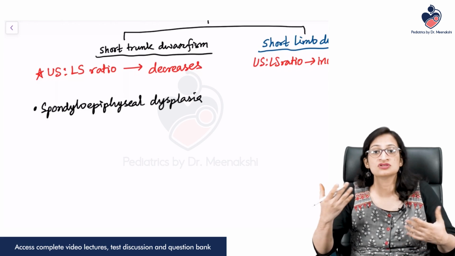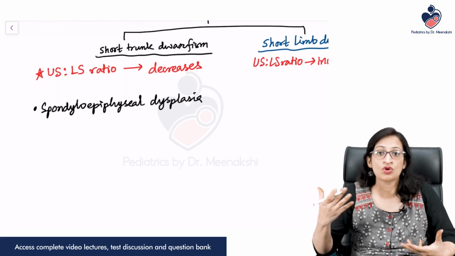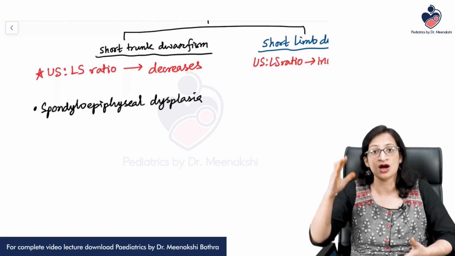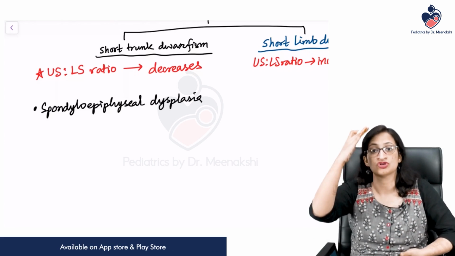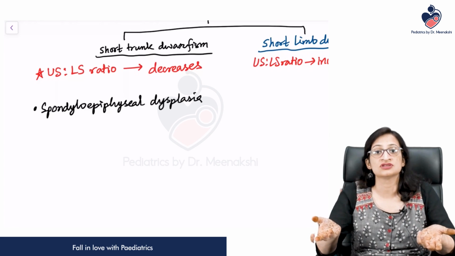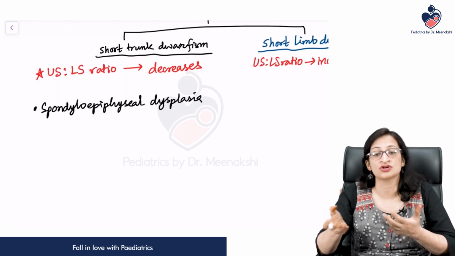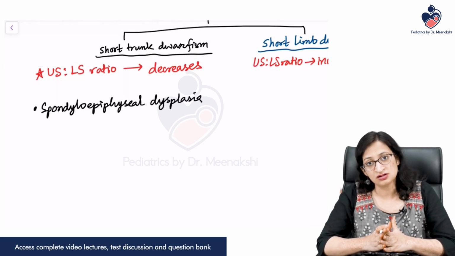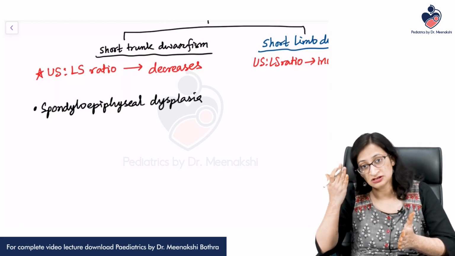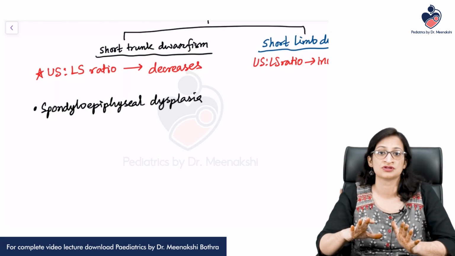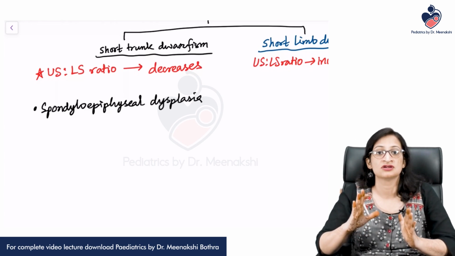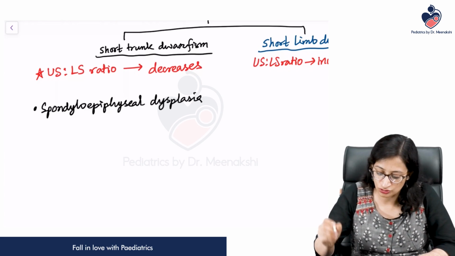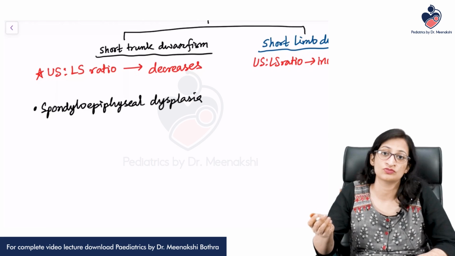Because the spine or the vertebral column is more affected here, the upper segment is mainly involved because the vertebrae are involved. So it is a cause of short trunk dwarfism. So causes of short trunk dwarfism are the conditions where predominantly the vertebral column is involved. Spondyloepiphyseal dysplasia, spondylo meaning spine.